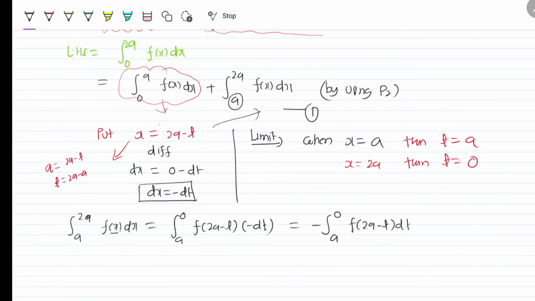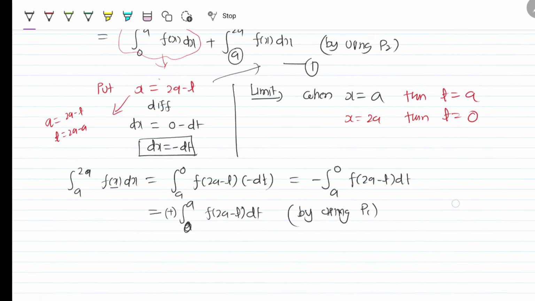Now you can see that again we will use that property number p1. Interchange the limit. So it will be 0 to a, then minus minus plus f of 2a minus t dt. How? By using p1 property.